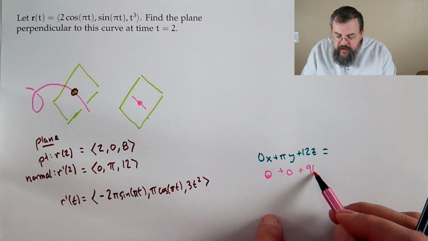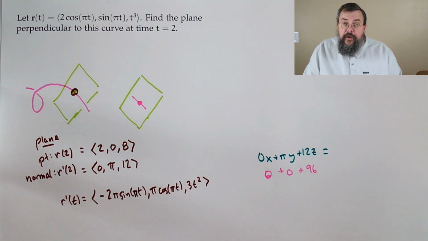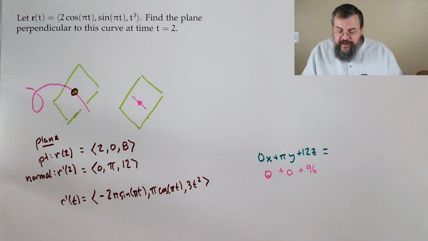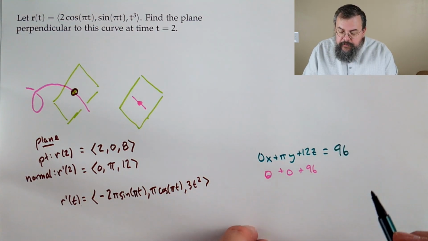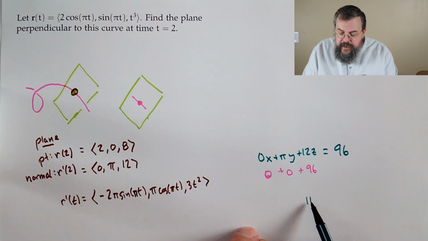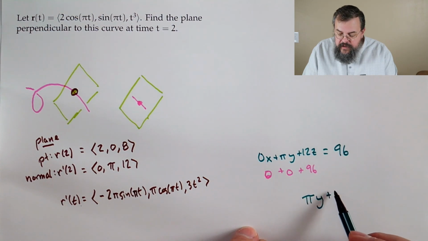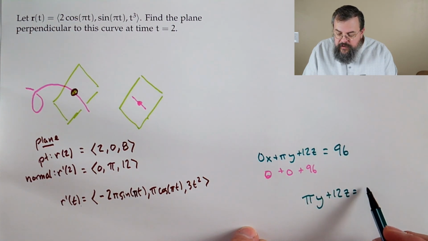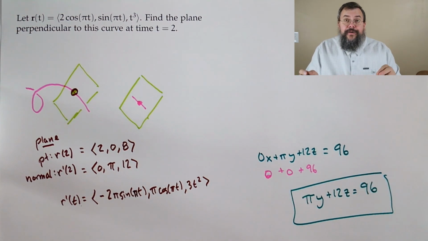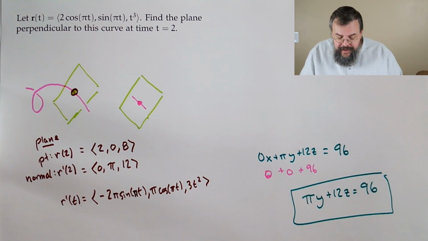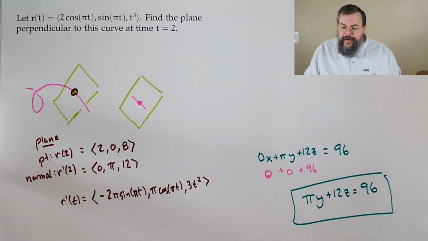Well, that's 96. So when we plug in our point, we get 0 plus 0 plus 96, which means that's 96. So we'll go ahead and rewrite it without the 0, since oftentimes we don't write zeros into our equations. And there we go. That's the answer.